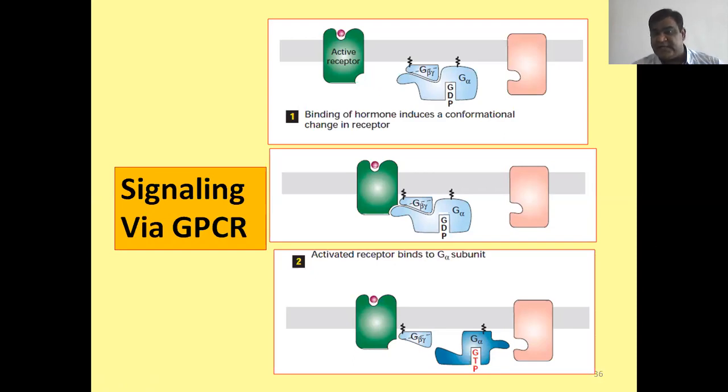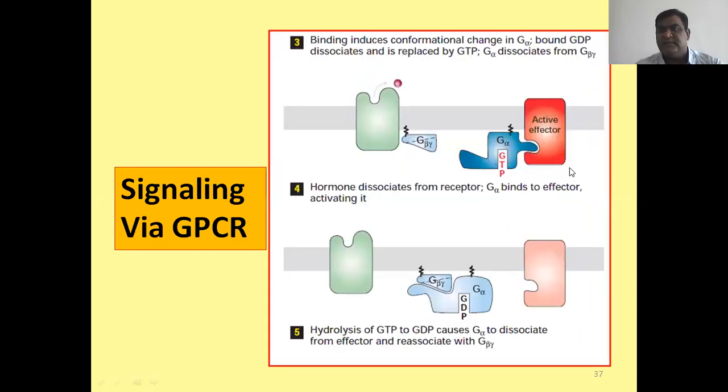It will dissociate from G beta and G gamma and go and bind to an effector, thereby activating it. The effector can be adenylyl cyclase or guanylyl cyclase. When it becomes active, it results in the synthesis of a secondary messenger. That secondary messenger will activate protein kinases, and that is how the effect is brought about.